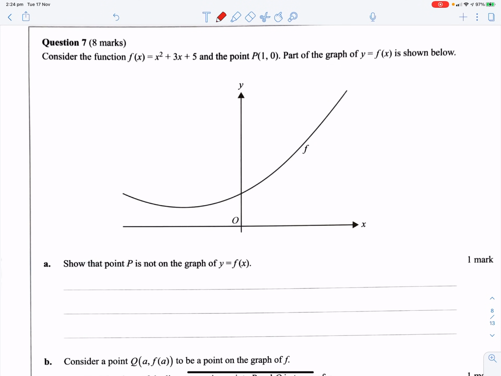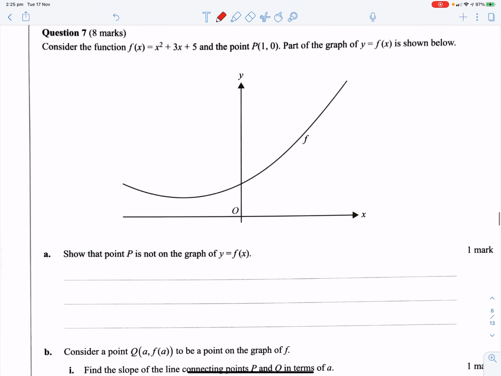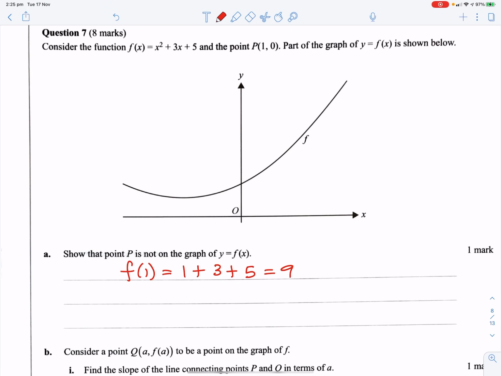Okay, consider the graph of f of x equals x squared plus 3x plus 5, and the point P(1,0). Part of the graph is shown below. Show that P is not on the graph. So, f of 1 is 1 plus 3 plus 5, which is 9. f of 1 does not equal 0.